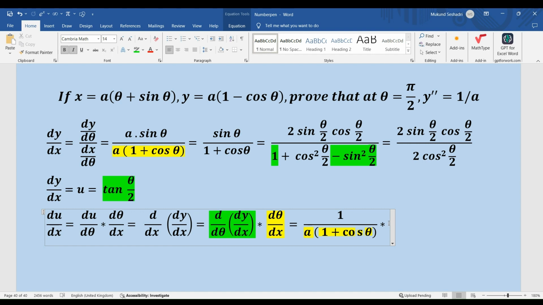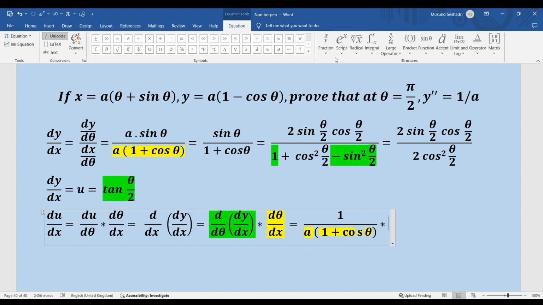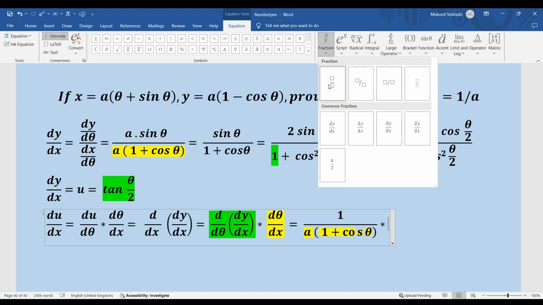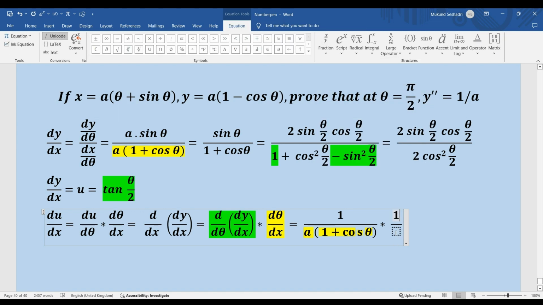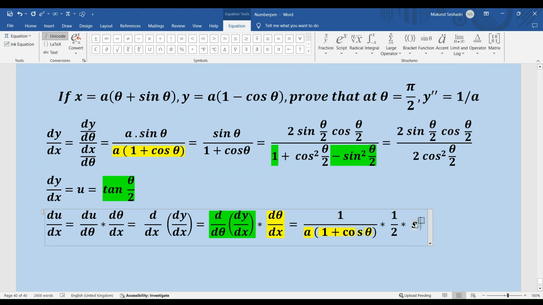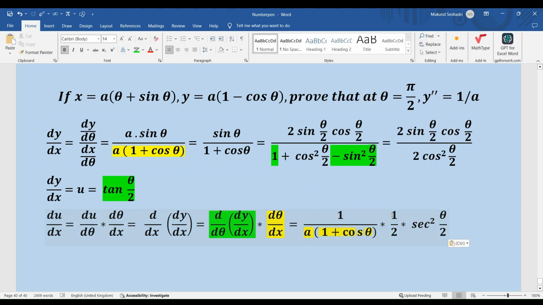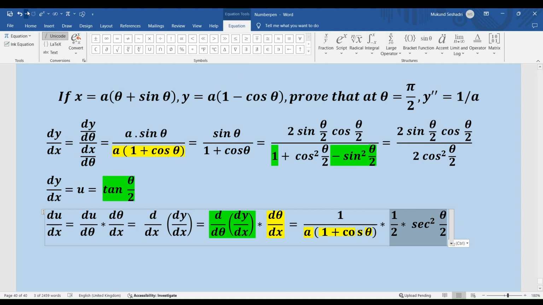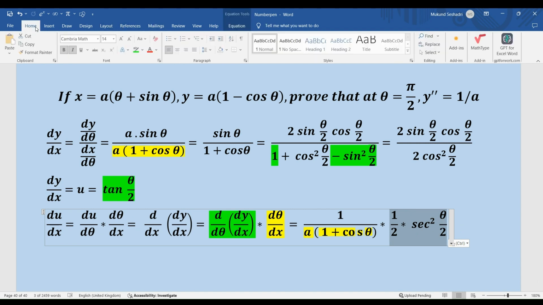So what is my d by d theta of tan theta by 2? I apply chain rule to get 1 by 2 times secant square theta by 2. Right? So this is what we have. Let me highlight this in green as well before we go to the next line and simplify this further.